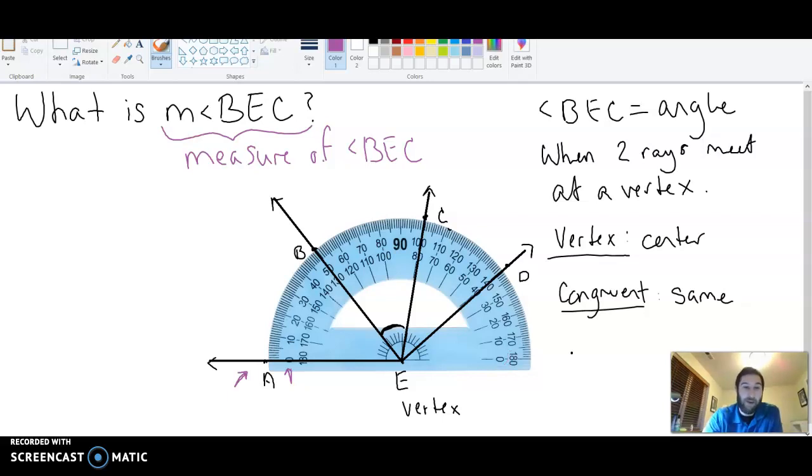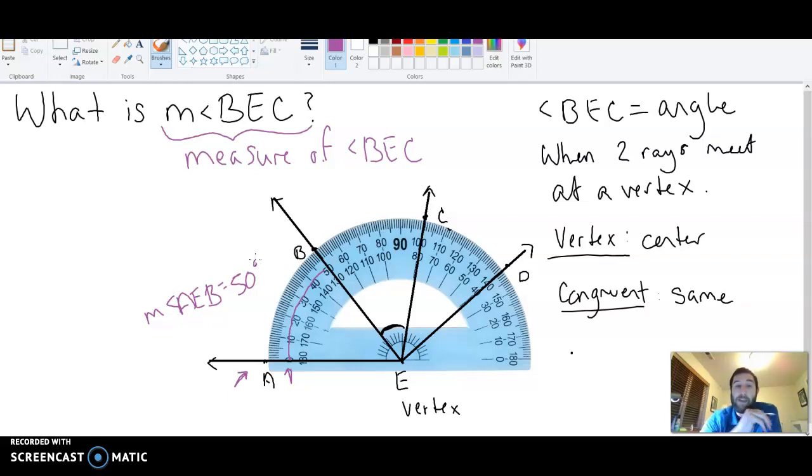And so reading from the 0, where the line goes through it over here by AE, we're going to be reading the outside as we go across to determine the size of our angle until we reach the end. So this angle AEB has a measure of 50 degrees. It is not 130 because we're not reading from the 0.